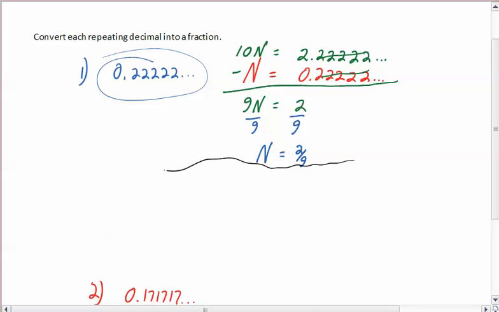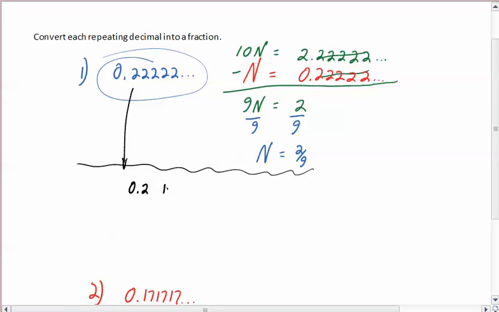Now, let's take a look at doing this same exact problem using the formula for an infinite geometric series. So I'm going to rewrite this as 0.2 plus 0.2 times 10 to the negative 1.